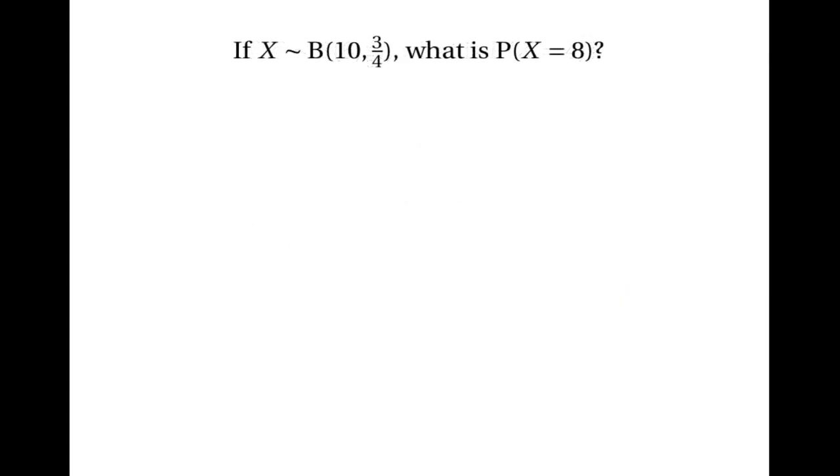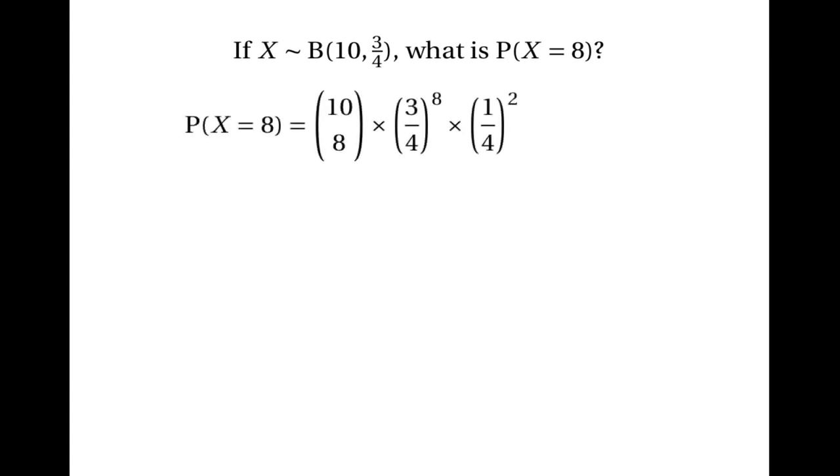Here's another example. Suppose that x has the binomial distribution where there are 10 trials and the probability of success in any one trial is 3/4. What's the probability that x is equal to 8? Well, the probability of 8 successes out of 10 will be 10 choose 8 times 3/4 to the power of 8 times 1/4 squared.